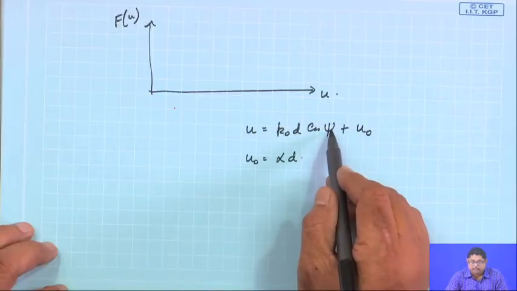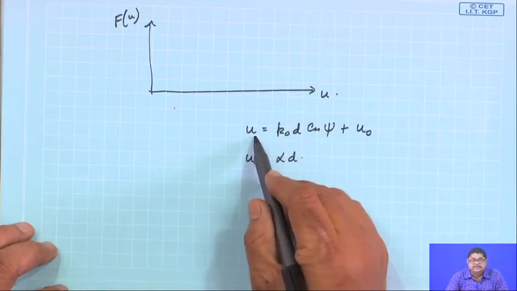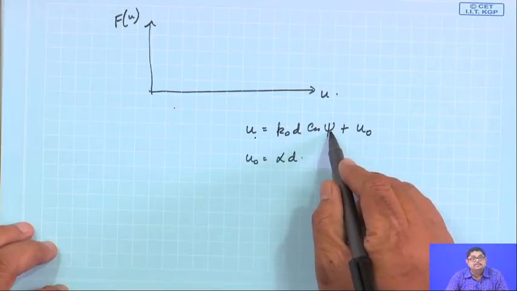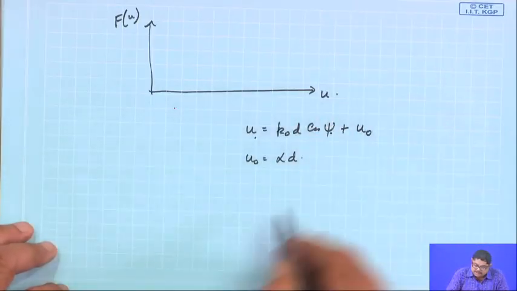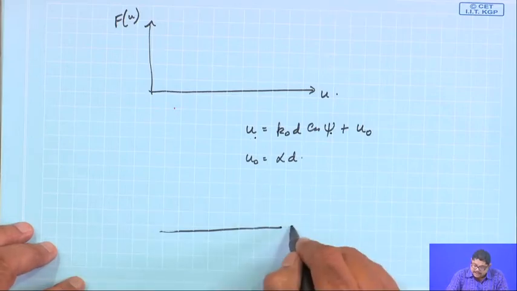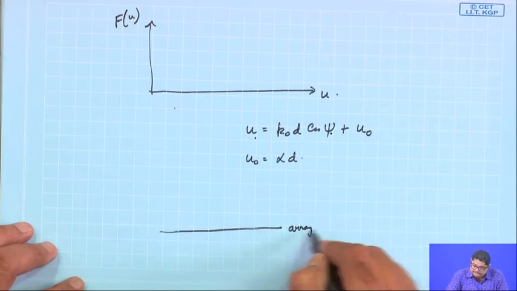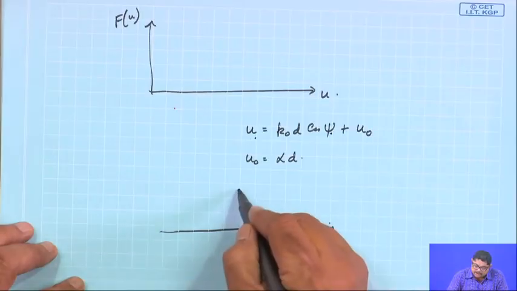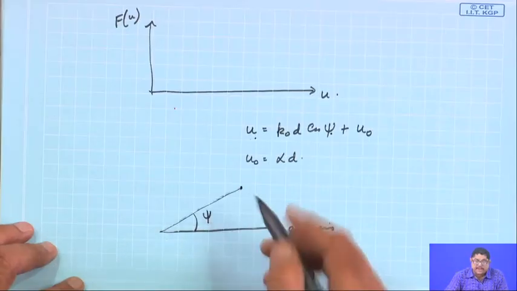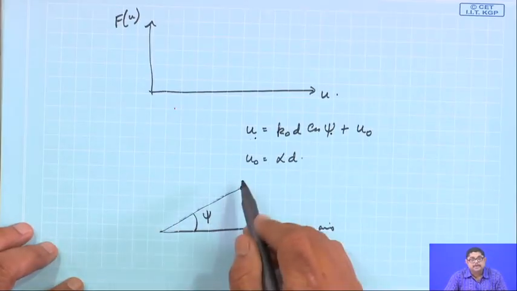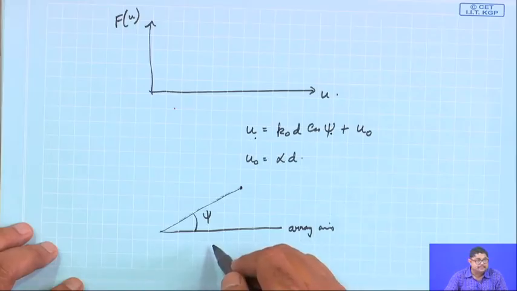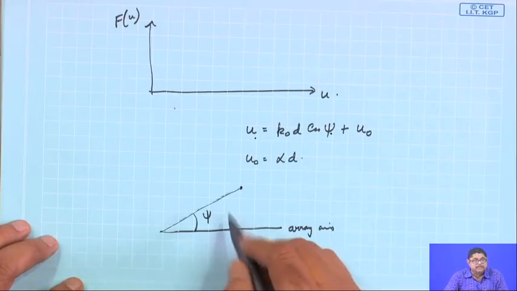The point is, what is the physical significance of this u? The significance of psi we have seen: if this is my array axis and my observation point is here, the angle that the observation point's radius vector makes with the array axis is psi.